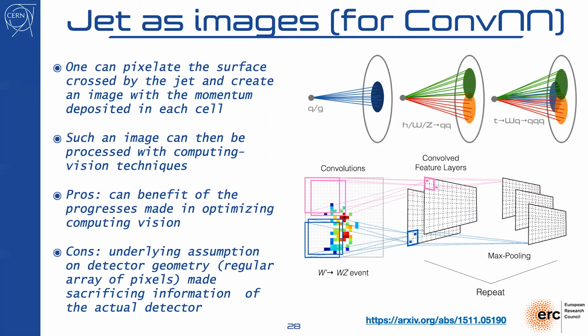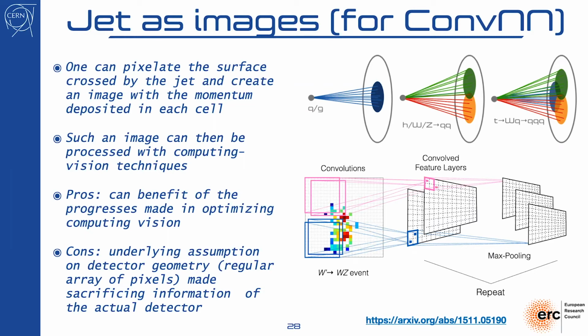Then you consider the angular space, the solid angle of your jet cone, let's say for simplicity, and you pixelate it. In this case it's eta and phi.